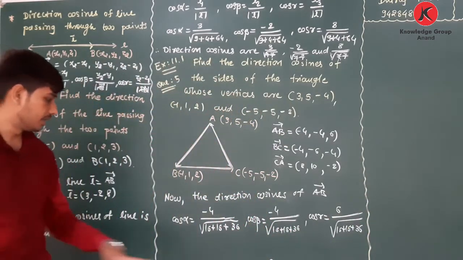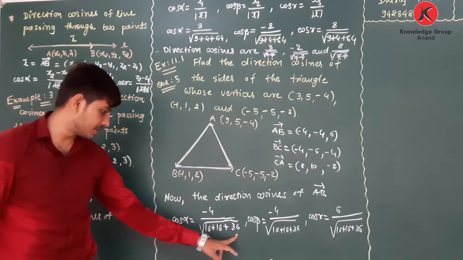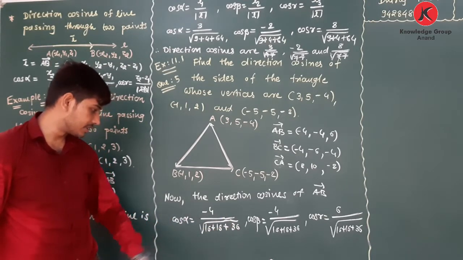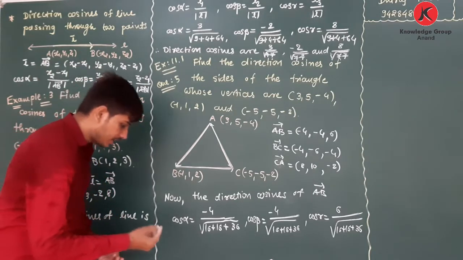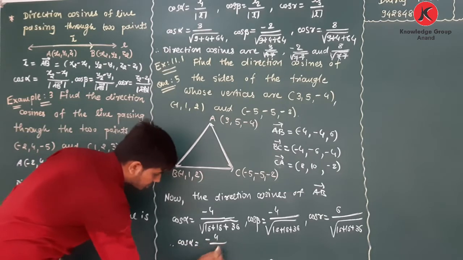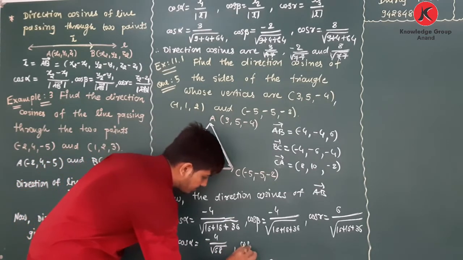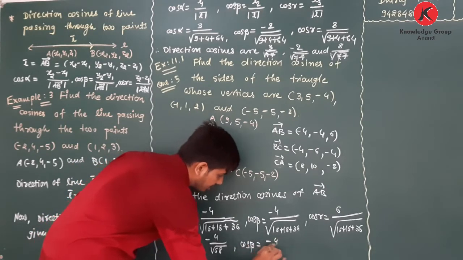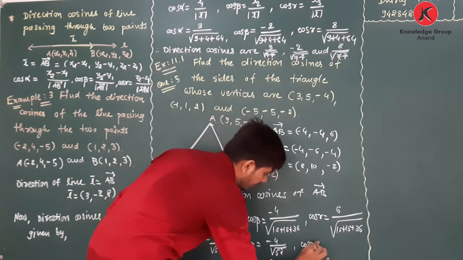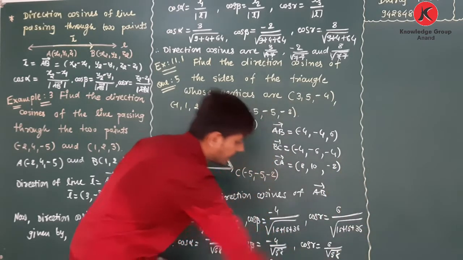Now we can calculate it. 36 plus 16 plus 16, 68 is there. Therefore we can write cos alpha equals to minus 4 divided by root 68, cos beta equals to minus 4 divided by root 68 and cos gamma equals to 6 by root 68.